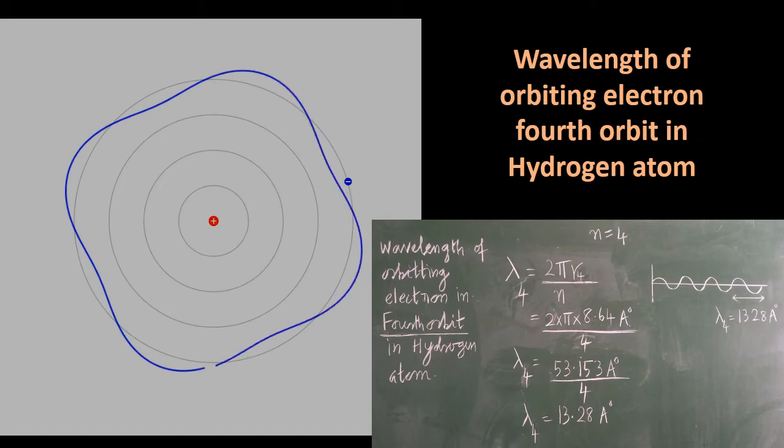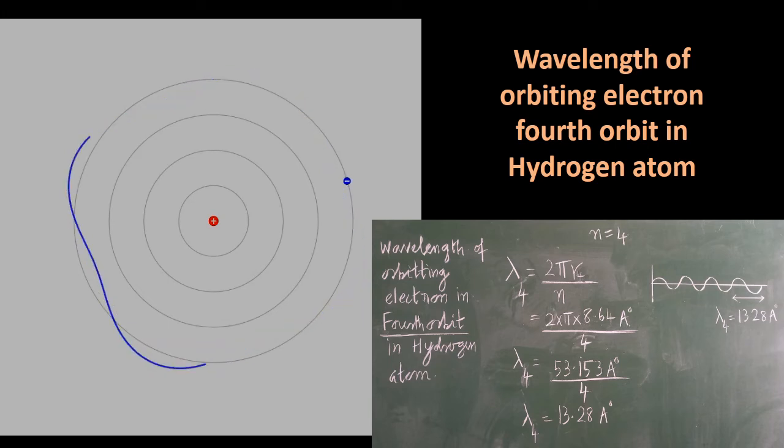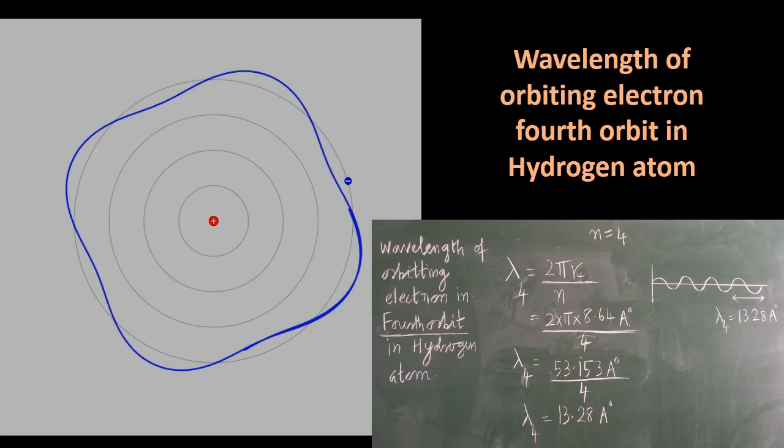Now the wave pattern is not yet completely created. We have to check it. Only at the end point we can see a slight mismatch. Look here. This is the standing wave pattern of the electron in the fourth orbit.